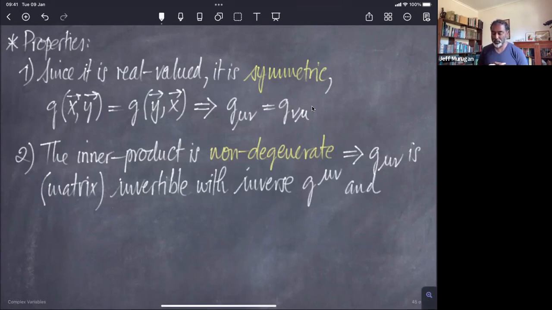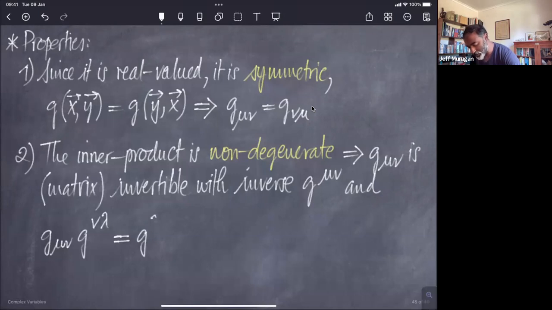It's invertible in the matrix sense, and it has its inverse, which we'll call G mu nu upstairs, and they satisfy that G mu nu, G nu lambda, again, nu here is a repeated index, one upstairs, one downstairs, which means we're summing over it. It also means that whatever this expression is, it doesn't have any nu in it.